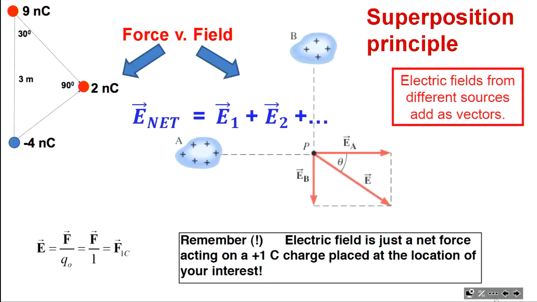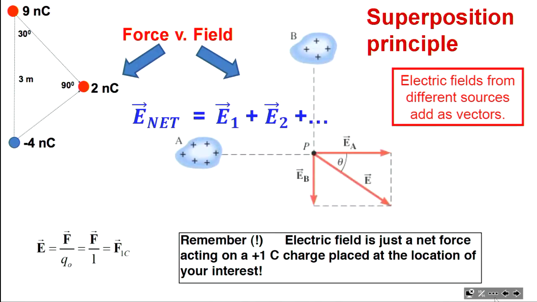Now, we can place a test charge, number one, measure the force, and that force will be equal to the field if it's a 1 Coulomb test charge. So exactly the same relationship we can now write for the net electric field, for the total electric field.